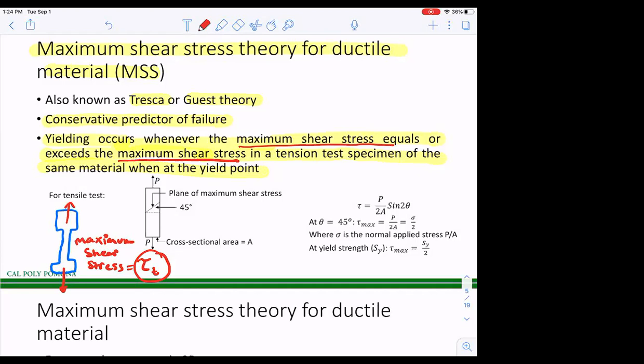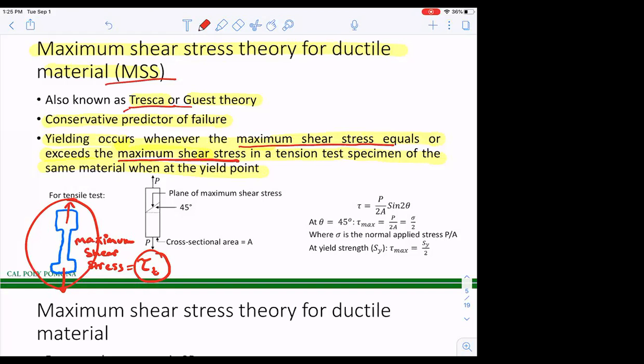When your material just starts to undergo permanent deformation during this tensile test, then the maximum shear stress that you're going to be seeing, if any structure made of the same material reaches that shear stress value, then we are going to say it failed. Yielding occurred and it failed based on this Tresca theory or MSS theory.